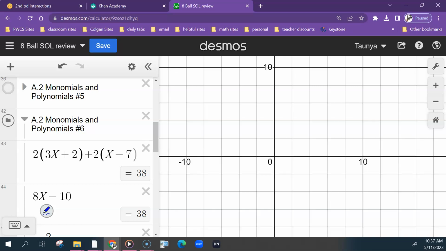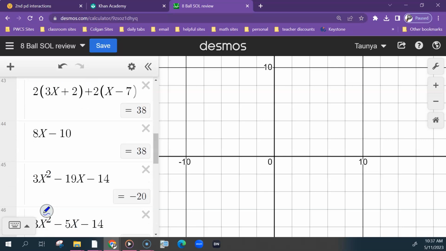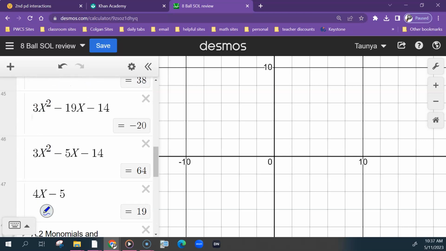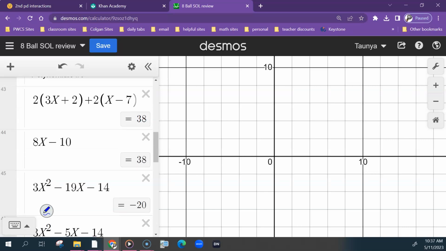So if you knew your perimeter equation and wanted to use Desmos, you could capitalize all your x's, add in a slider, put in your answer choices, and see which one matched. And there was only one. The 8x minus 10. Or A. I'm looking at this upside down. Yes, A.